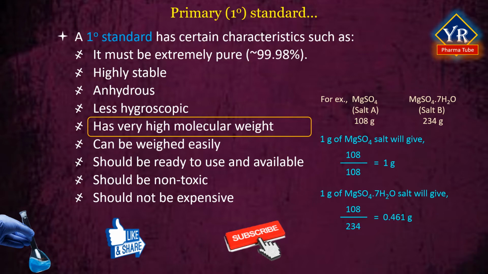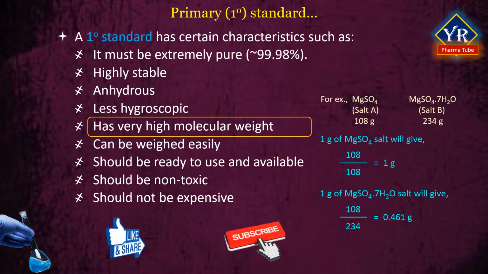So 1 gram MgSO4 salt will give 108 by 108, which is equal to 1 gram of MgSO4. But 234 grams of salt B, that is MgSO4·7H2O, will give 108 grams of MgSO4. So 1 gram MgSO4·7H2O salt will give 108 by 234, which is equal to 0.461 grams of MgSO4.